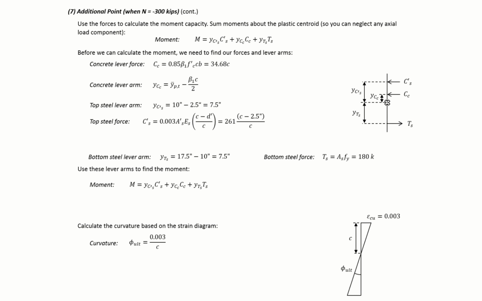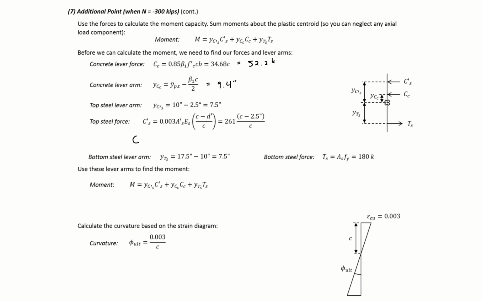Using the C that we found on the previous slide, we can calculate our compression force component, which here will just be 52.2. Our lever arm, which for us is going to be 9.4 here. And then our top steel force.